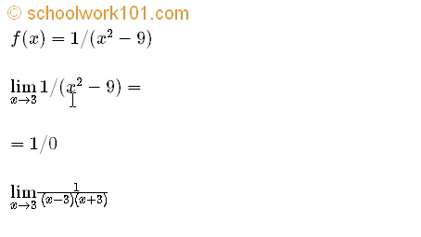As you can see, if I plug 3 into this, this is where the 0 is coming from. It's coming from this factor right here. So what I'm going to do is come in from the left-hand side and from the right-hand side, and see what the behavior of the graph is doing.